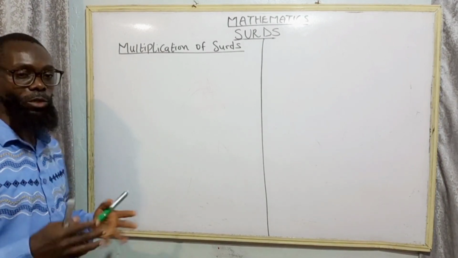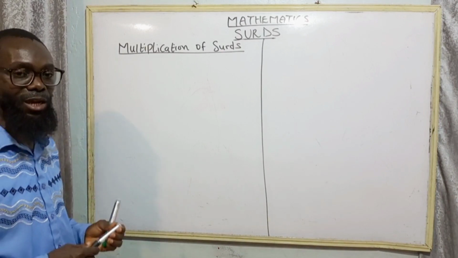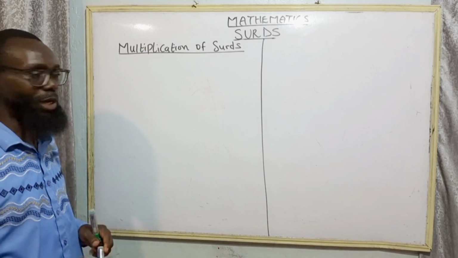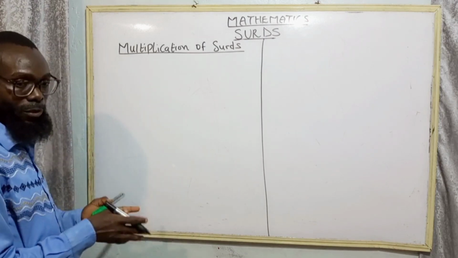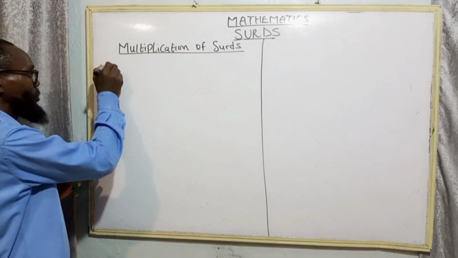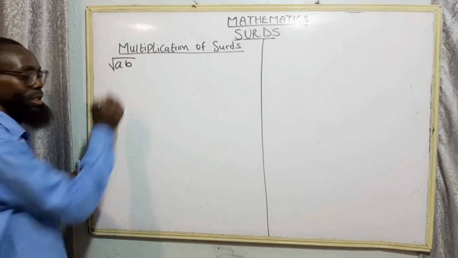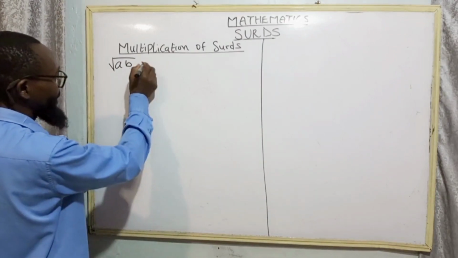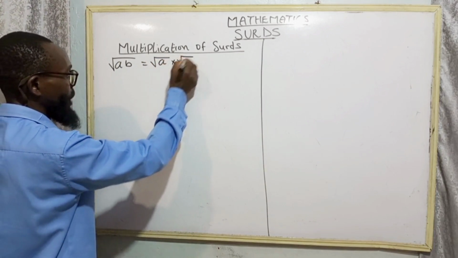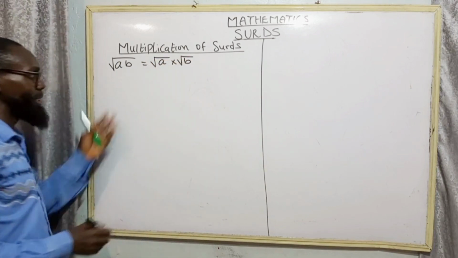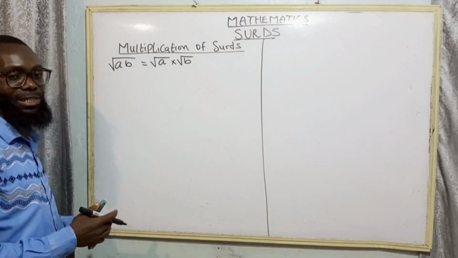Now, talking about how to multiply surds, we still use the same process as addition and subtraction. But in this case, in the general form of multiplication, when you have square root of ab, it can be written as square root of a multiplied by square root of b. So these can be multiplied together, and also it can be interchanged.